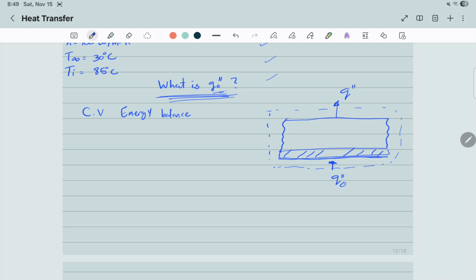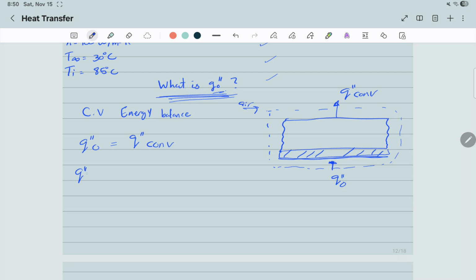Since the top is being exposed to a fluid, which is air, the heat flux at the top is convection. Therefore, the heat flux entering the system from the bottom, from the heating element, has to equal the heat flux leaving in convection.